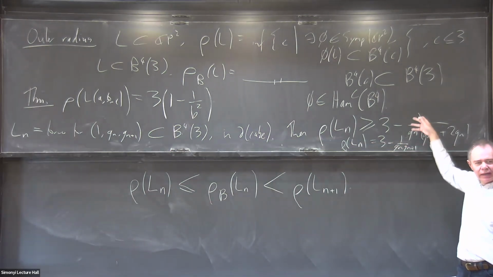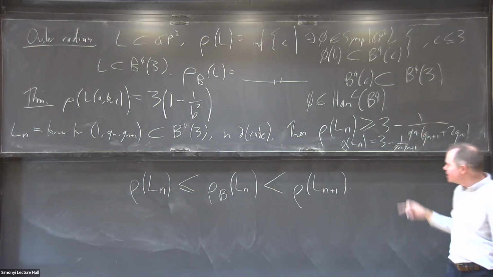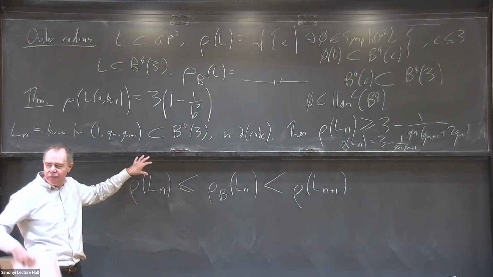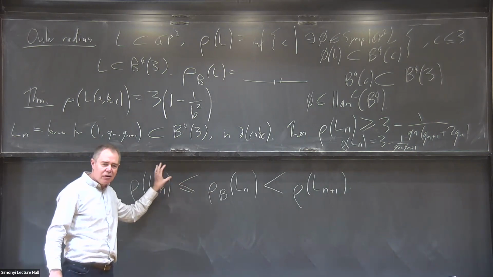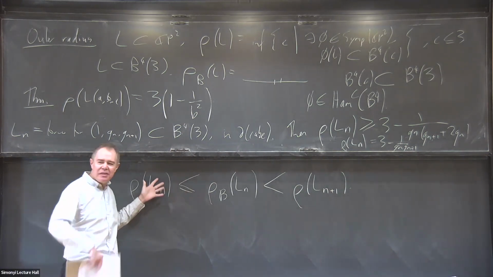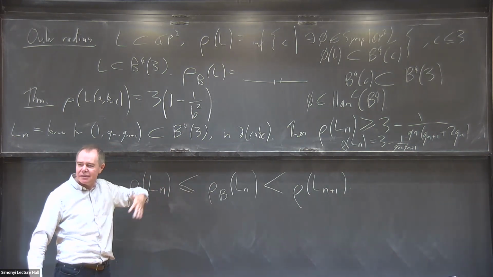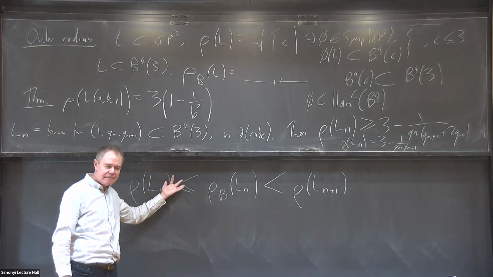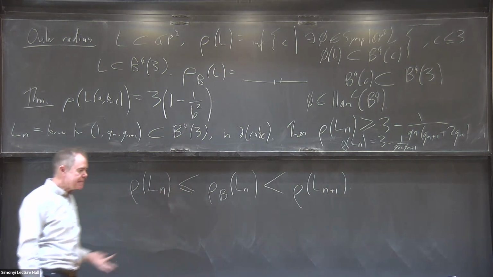So this number is strictly less than this. In other words, this outer radius can distinguish all of those, at least this one family of Markov tori. I haven't got time to prove it, but this says these things we can distinguish quantitatively. So the radius goes up.